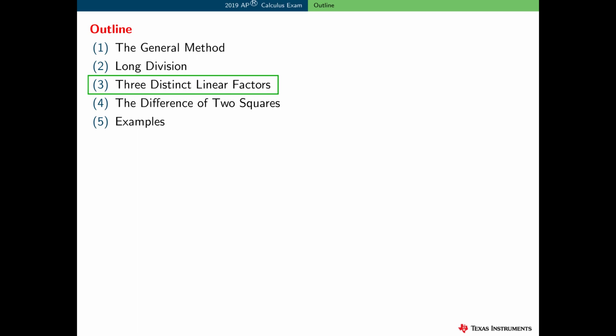And then I'll focus on the AP Calculus exam topic, partial fractions involving distinct linear factors. I'll try a few examples, one involving 3 distinct linear factors, and one involving the difference of 2 squares. And then I'll leave a few examples for you to try.